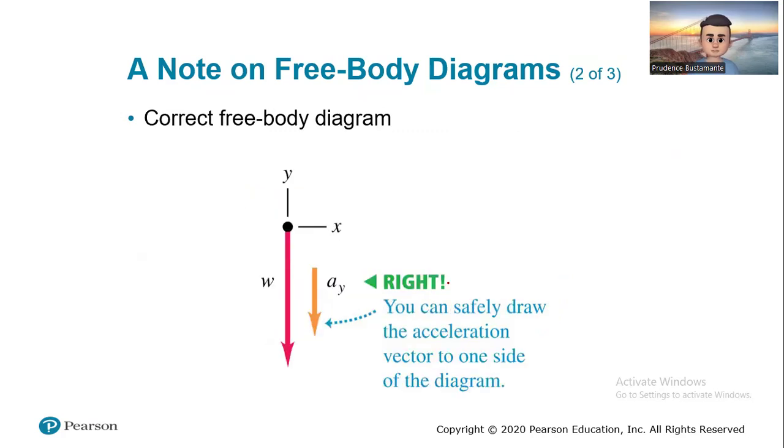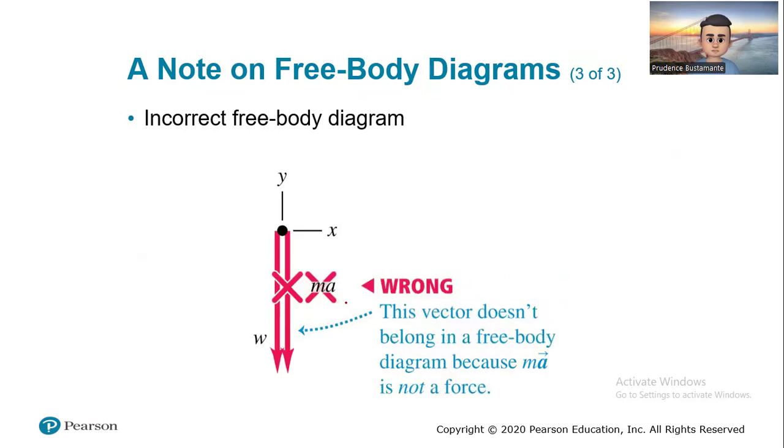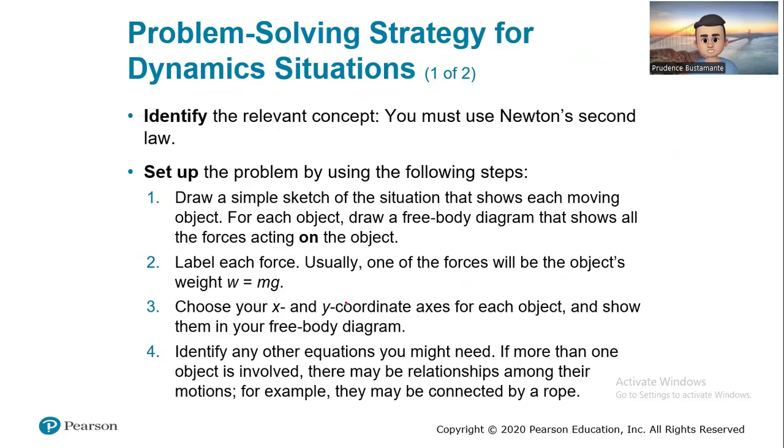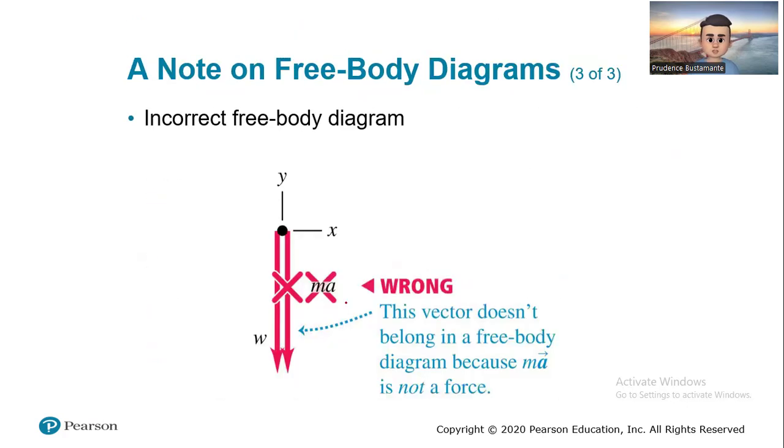Note that the correct free body diagram for an accelerating apple is like this. You can safely draw the acceleration vector to one side of the diagram. But you should not draw it in the diagram, because this vector does not belong to the free body diagram, since the mass times acceleration is not a force. Okay.